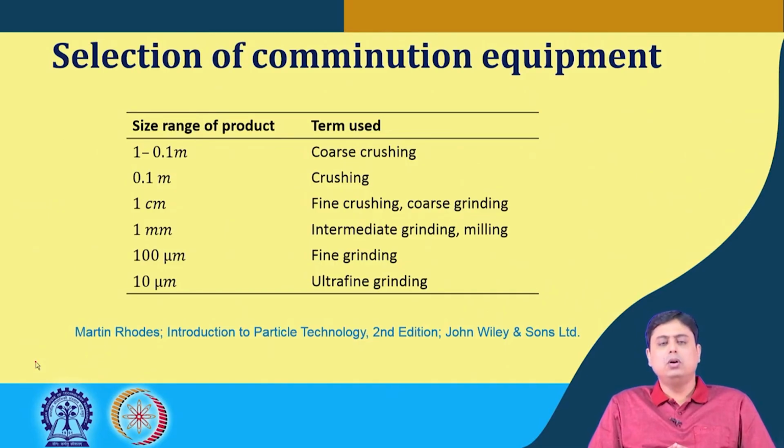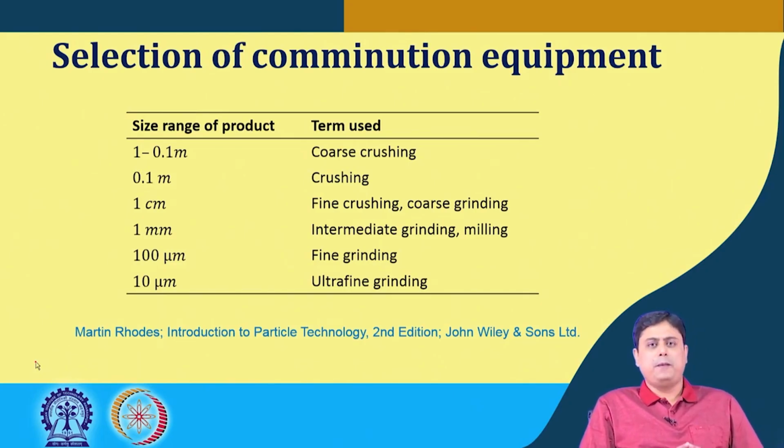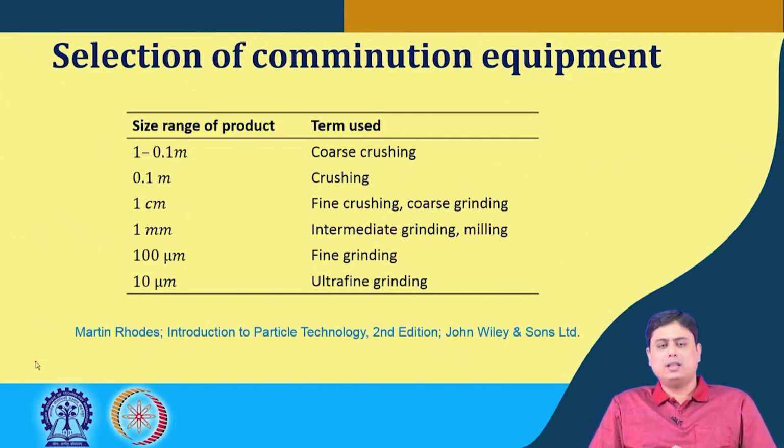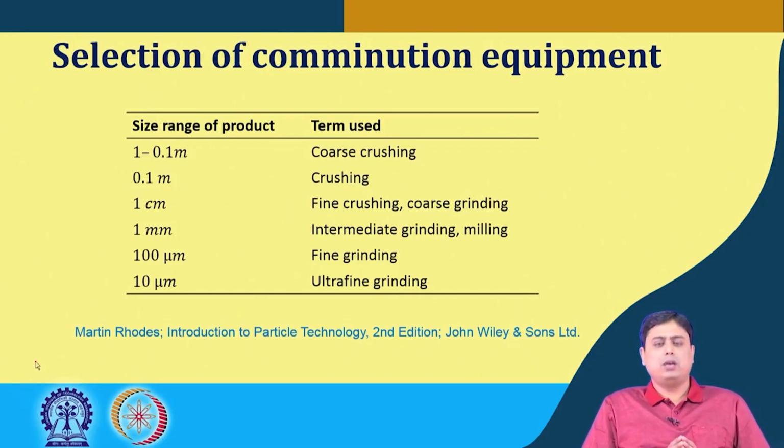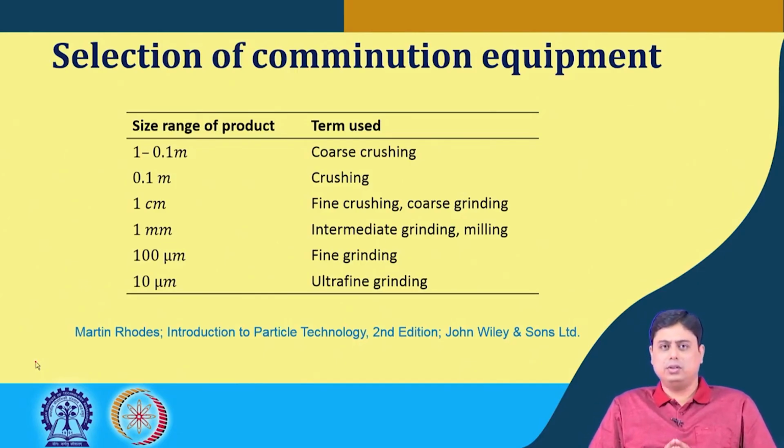When it goes below, in the order of 0.1 meter, we say the crushing operation is happening. For finer crushing, the size range goes below 1 centimeter. So when we bring the product size to a desired value of, say, 1 centimeter or near that value, we say fine crushing or coarse grinding is required.